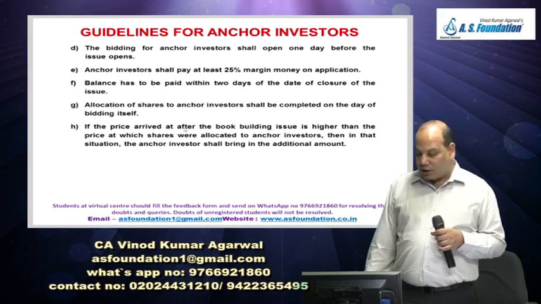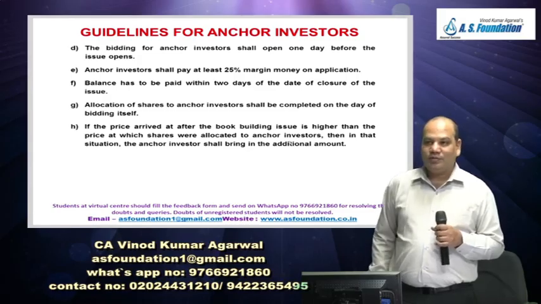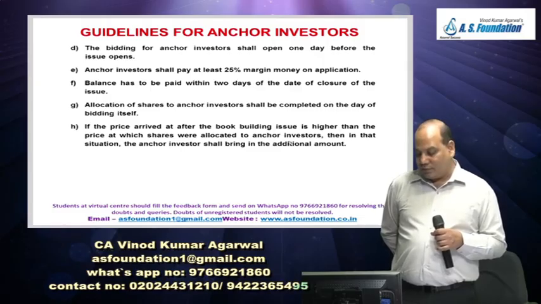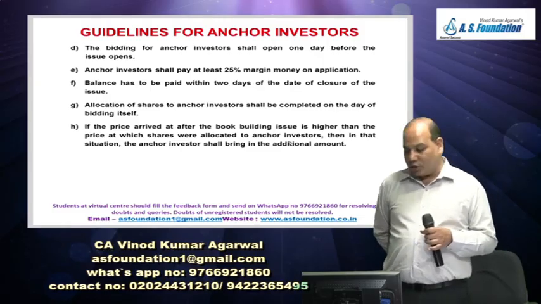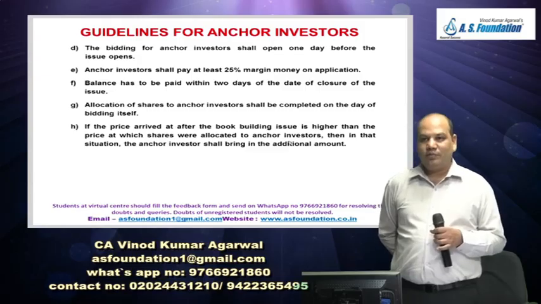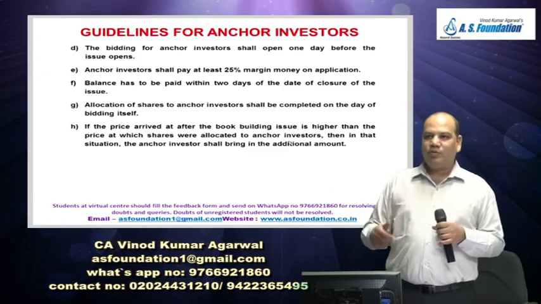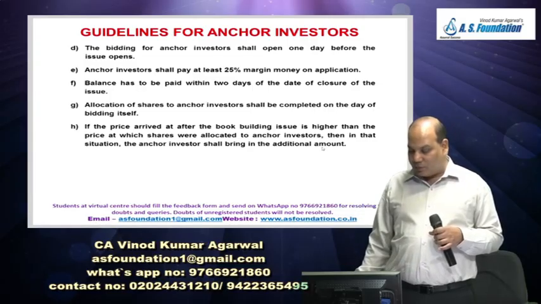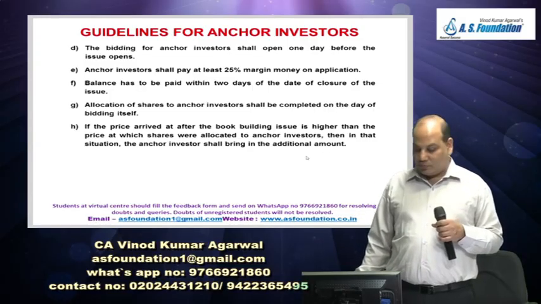If the price arrived at after the book building issue is higher than the price at which shares were allocated to anchor investors, say the cutoff price is 225 and the price at which shares were allocated to anchor investors is 210, they bring 15 rupees. So in that situation, the anchor investor shall bring in the additional amount.